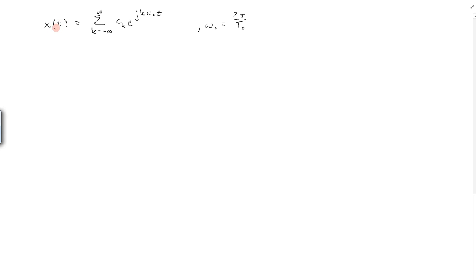And basically what we're saying is that x of t is now going to be a summation of complex exponentials that are weighted by these constants c sub k, which can be complex. Now the complex exponential is nothing more than sinusoids as related by Euler's identity. And therefore, this is exactly what we had said previously, that we can represent a signal x of t, which is periodic with period t0, as a weighted summation of sinusoids.